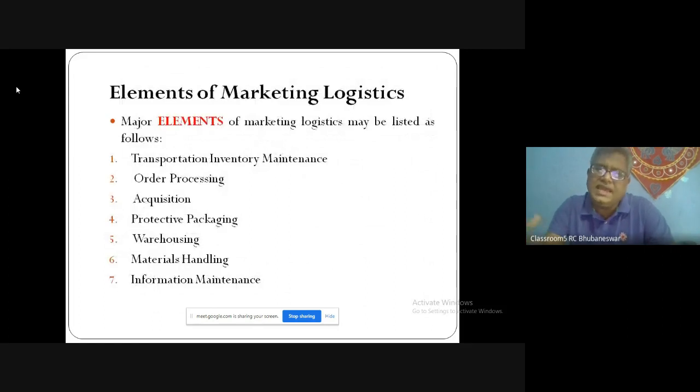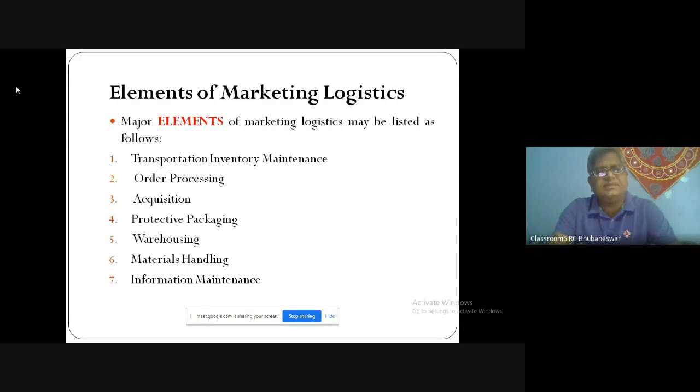There are different elements of marketing logistics. What are the elements? If you talk about marketing logistics, my dear students, logistics is divided into two parts. One is production logistics, another one is marketing logistics. Production logistics means converting raw material into finished goods, and marketing logistics means the finished goods reach the customer's house, in which way, which flow, which method, that is called marketing logistics.